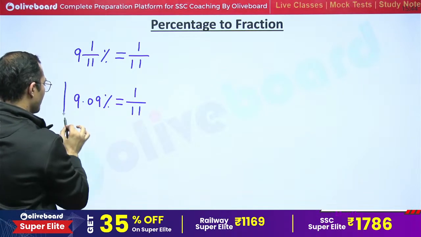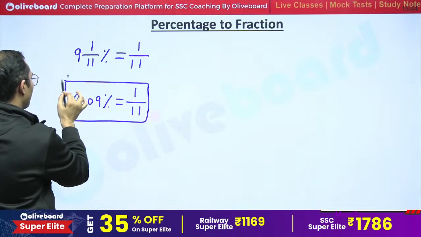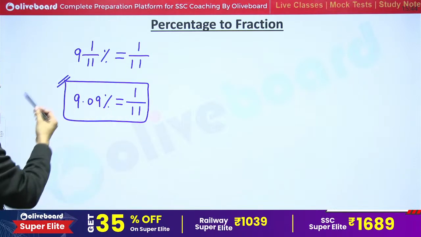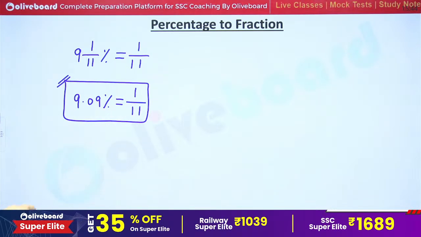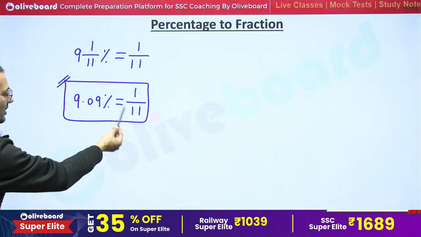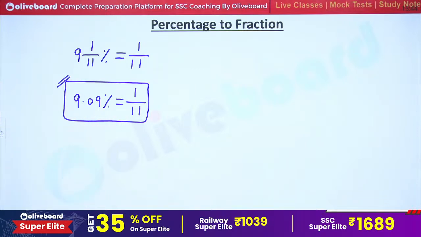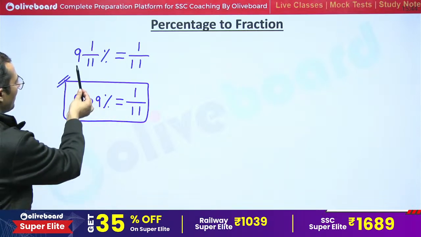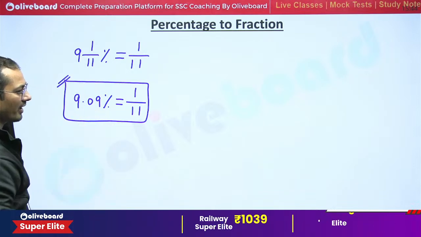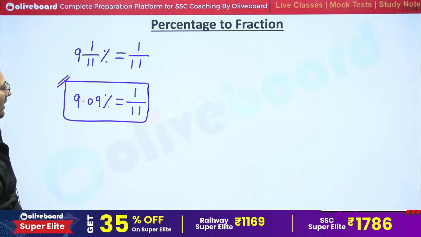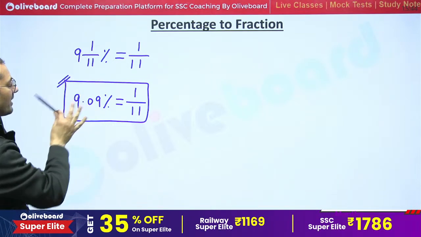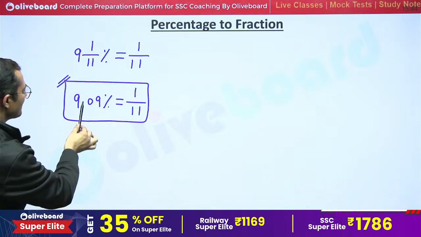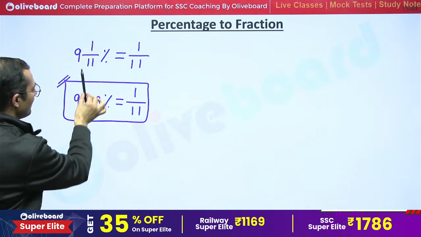We must know this. If we do not know this form, we wouldn't be able to convert it rightly into the fraction, because 1 upon 11 we cannot write as a terminating decimal number. This is a non-terminating decimal number, so this is just an approximation of it.